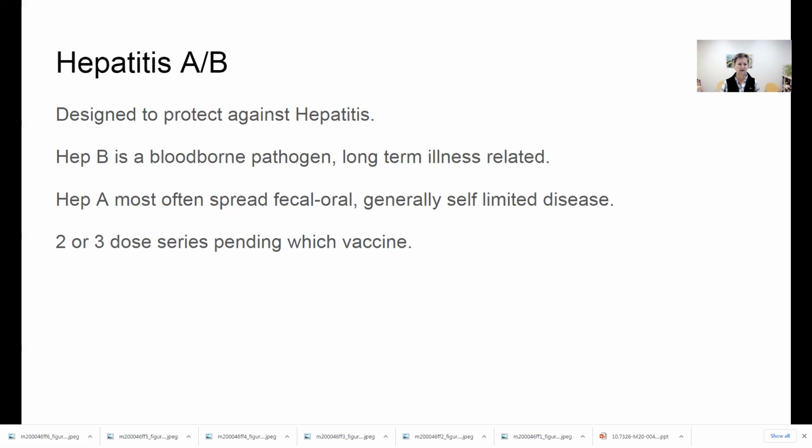recommended vaccine. If you've ever been to Mexico, we'll hear once in a while of outbreaks, and you'll say, don't eat ice cubes, drink bottled water, because you're really worried about that spread.